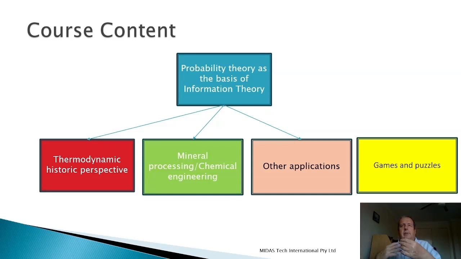I'm actually trying to break away from the thermodynamic definition of entropy, but providing you a historical reason for it. My background is mineral processing, so this came about largely because I wanted to teach information theory for mineral processes, but I do provide other applications.